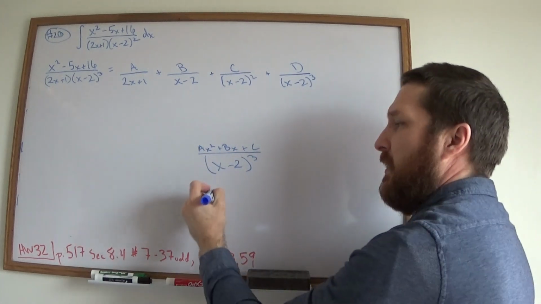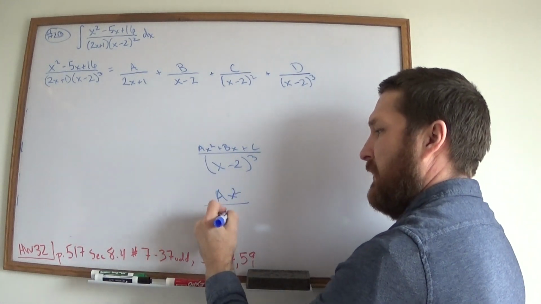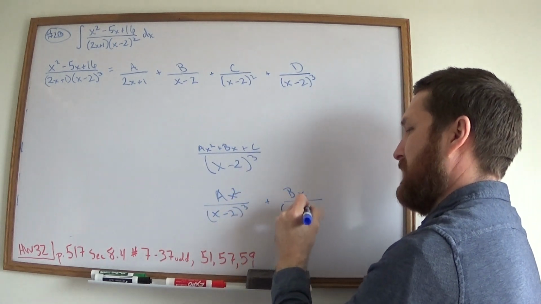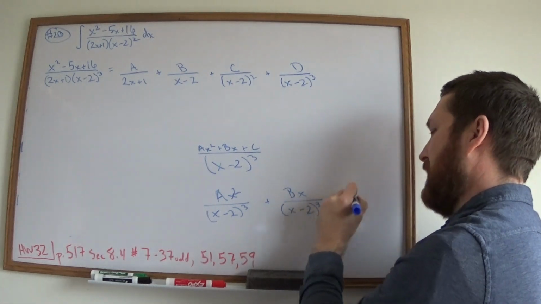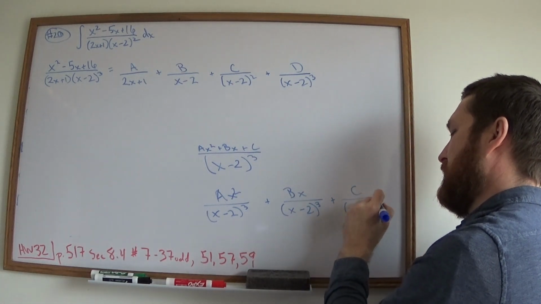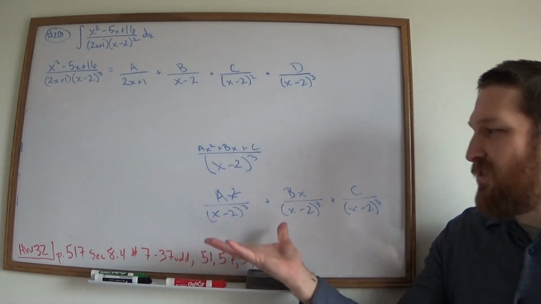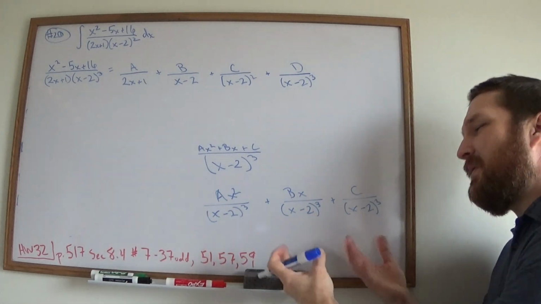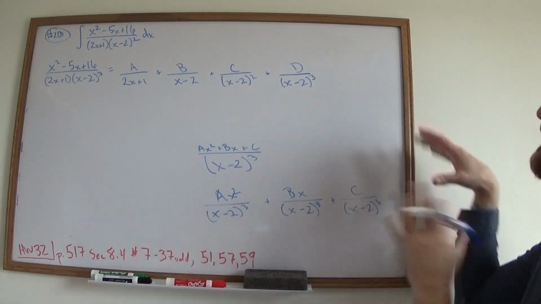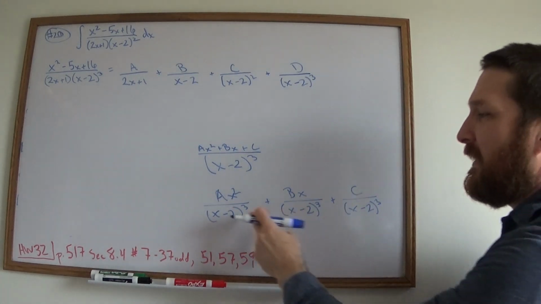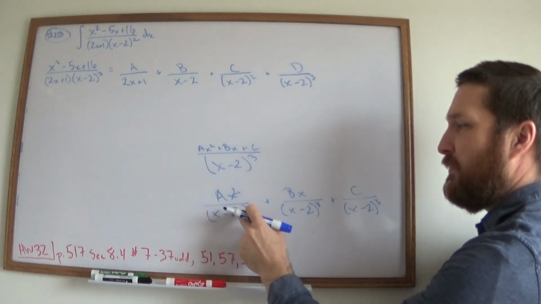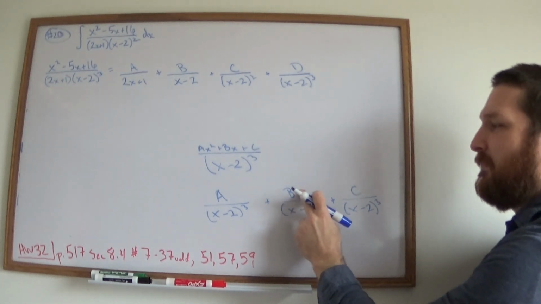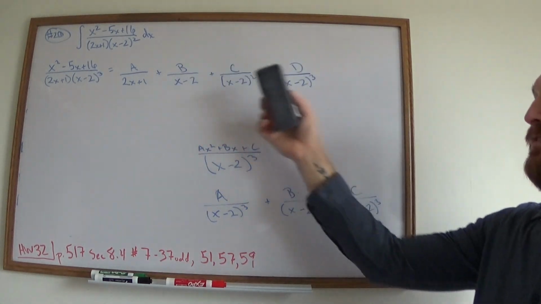But then you'd break this down into ax squared over x minus 2 to the third, plus bx over x minus 2 to the third, plus c over x minus 2 to the third. Since these are just constants, you could factor them out, and after rearranging a bunch of stuff, what you end up with is something that looks like this.